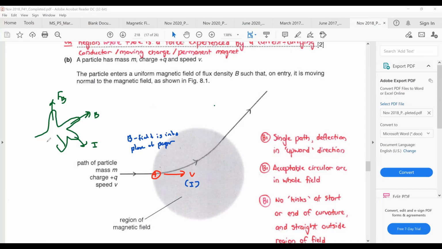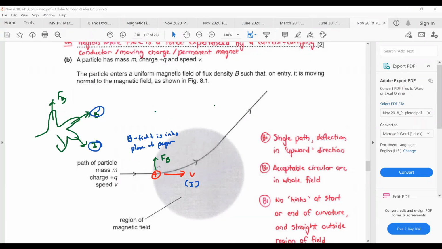So you use Fleming's left hand rule, where you try to orientate your two fingers according to the B and I. You will notice that your magnetic force is actually going to be pointing upwards at this point. Since it's pointing upwards, it's actually pointing towards the center of the circle.